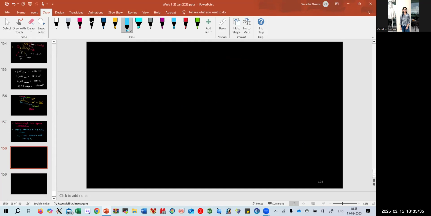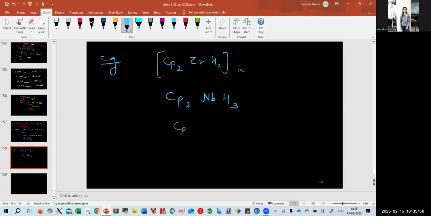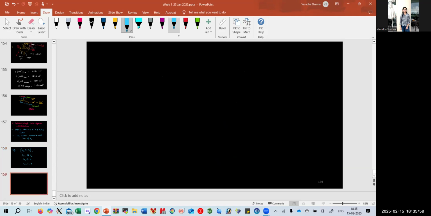General examples that we have are Cp2 zirconium H2, which can be X, where it can either be a dimer or anything else; Cp2 niobium H3, Cp2 rhenium hydride, Cp2 technetium H, etc. So let's see the preparation method of these complexes.